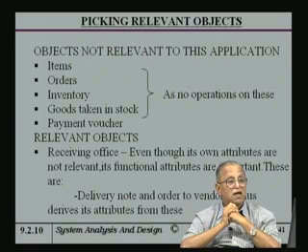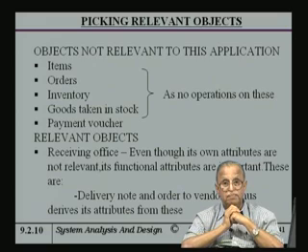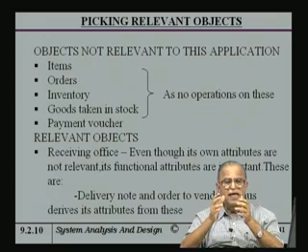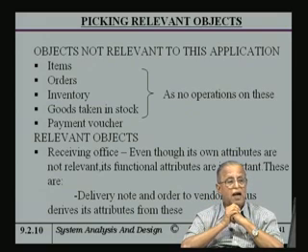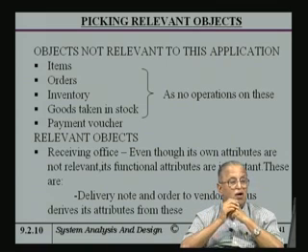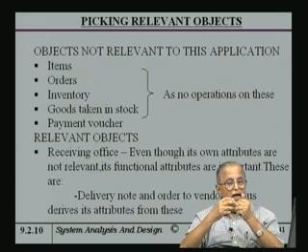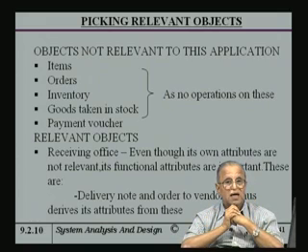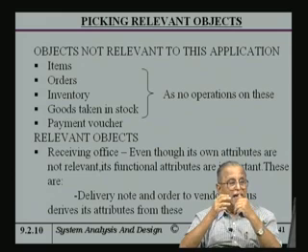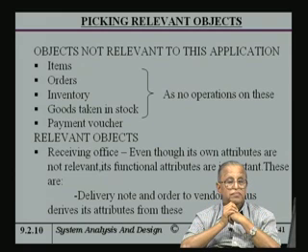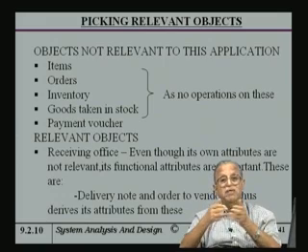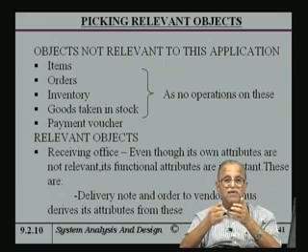So items, orders, inventory, payment voucher, all these are better attributes, but there is no actual operation performed on the items. Similarly, the orders are a dumb document, okay, which comes.